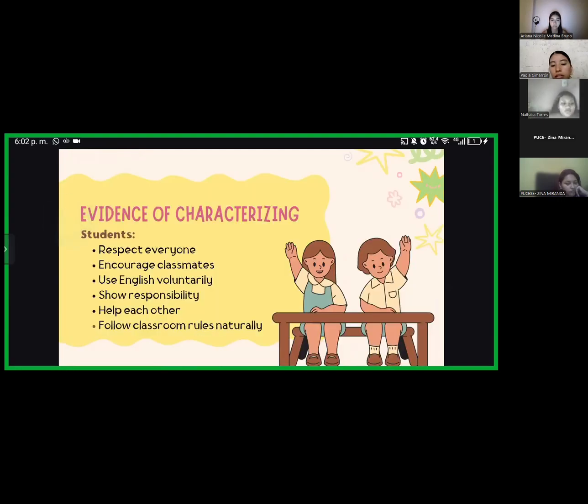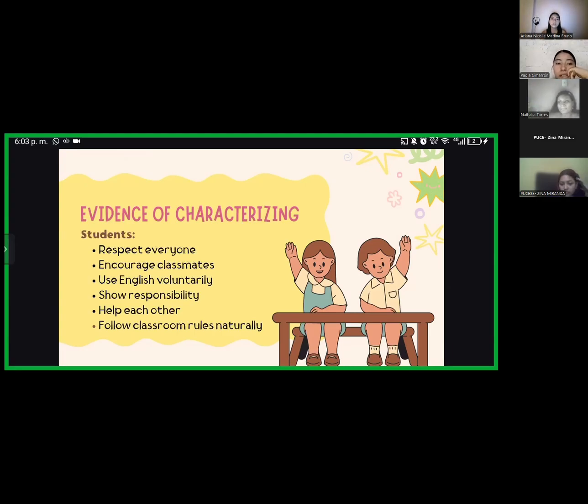If this were the organizing level, students would be comparing different values and deciding which ones are the most important in their lives. However, in our classroom case, students no longer need reminders or rewards. They naturally demonstrate empathy, responsibility, respect, and cooperation because these values have become part of who they are. For this reason, this classroom situation represents characterizing, which is the highest level of the affective domain.